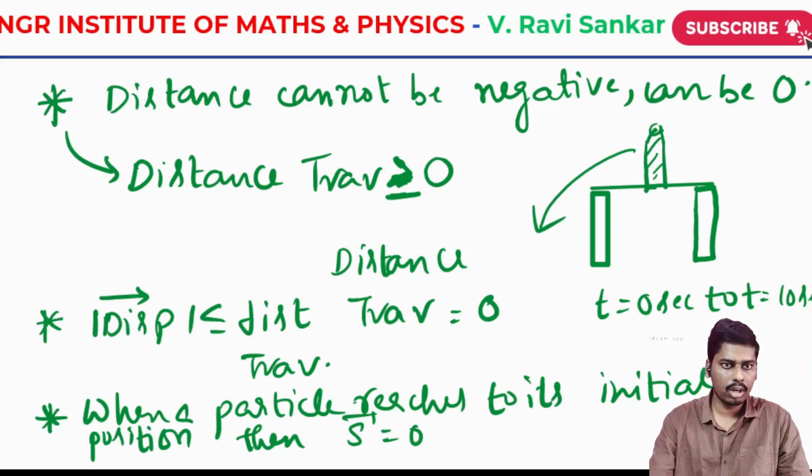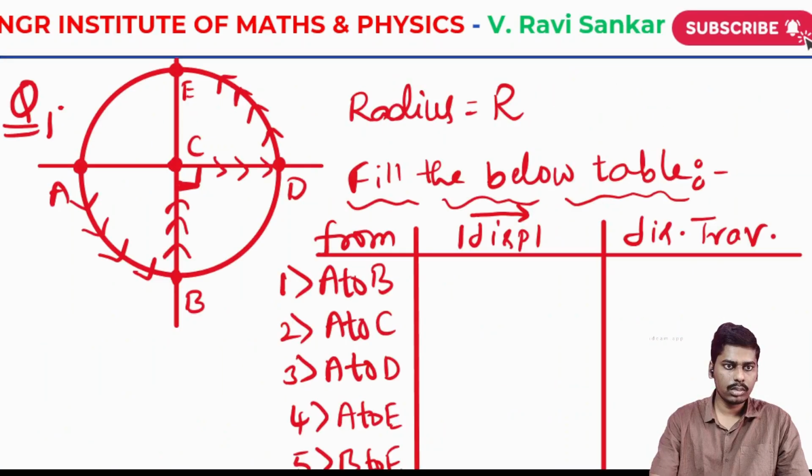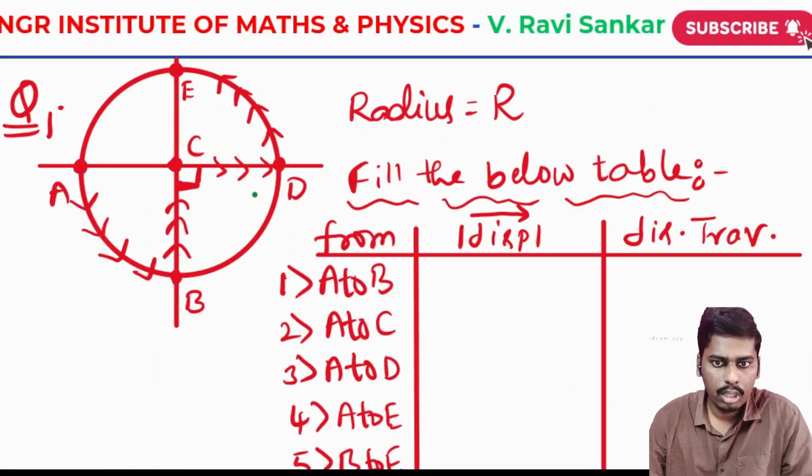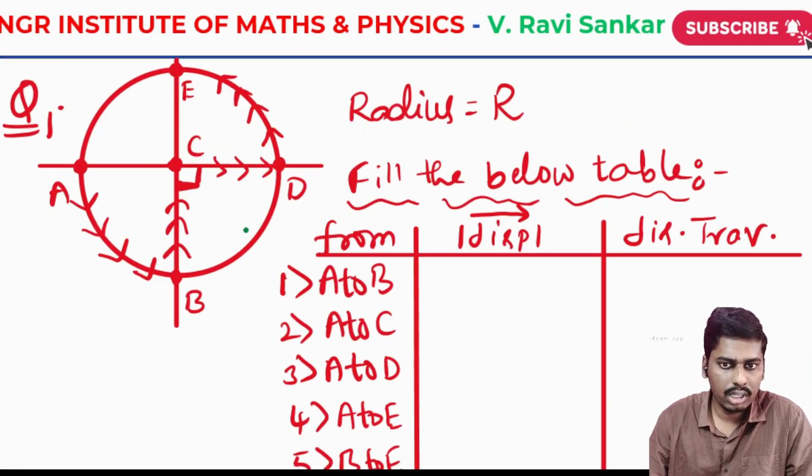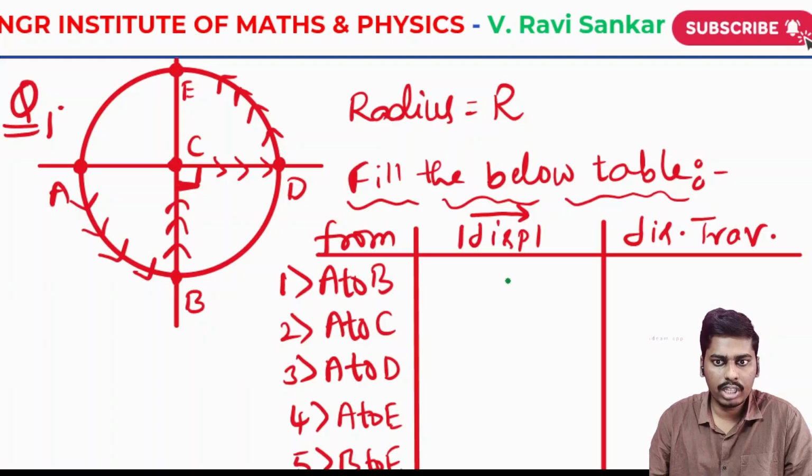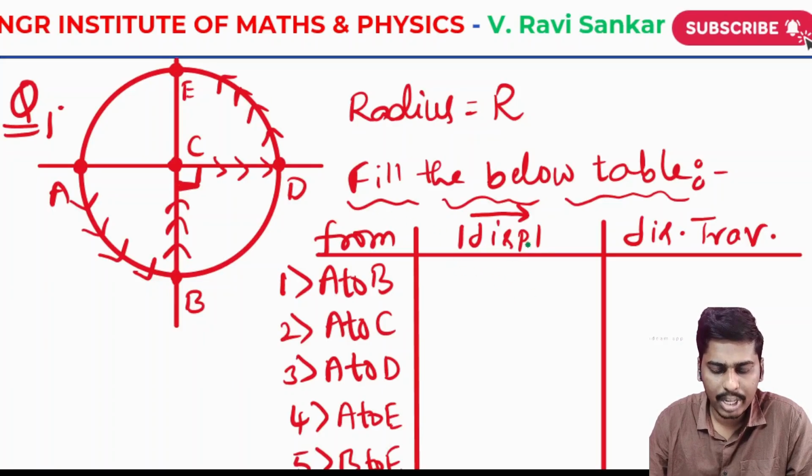And now moving on to solving the problems. In this question, they said that a particle started at A and it traveled to B, and it again traveled to C, and it traveled to D, and it traveled to E. Then what is the displacement?